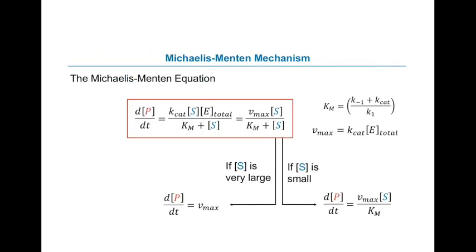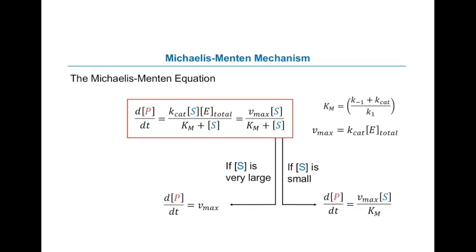The thing I want you to focus on, though, is the simplification. If I look at this equation, because this substrate here is in the denominator, what we're really saying is, depending how big that substrate value is, and how big the Km value is, one of those two terms in the denominator is going to rule. And you guys remember this from Henderson-Hasselbalch equations.